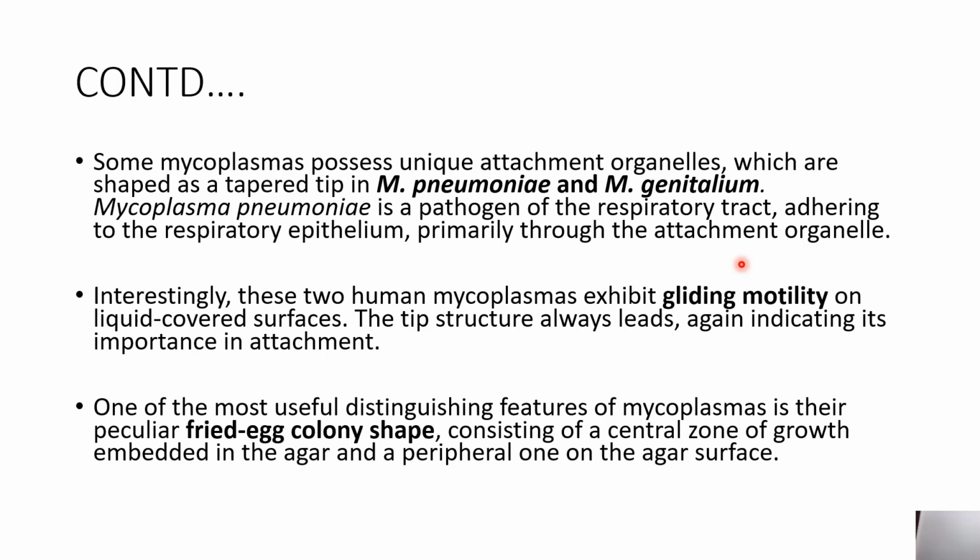Interestingly, these two human mycoplasmas exhibit gliding motility on liquid-covered surfaces. The tip surface structure always leads, again indicating its importance in attachment. One of the most useful distinguishing features of mycoplasma is their peculiar fried egg colony shape, consisting of a central zone of growth embedded in the agar and a peripheral one on the agar surface.